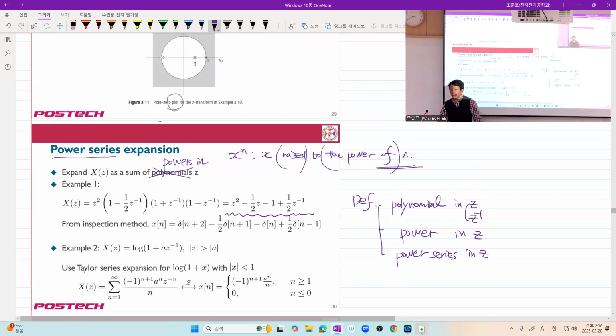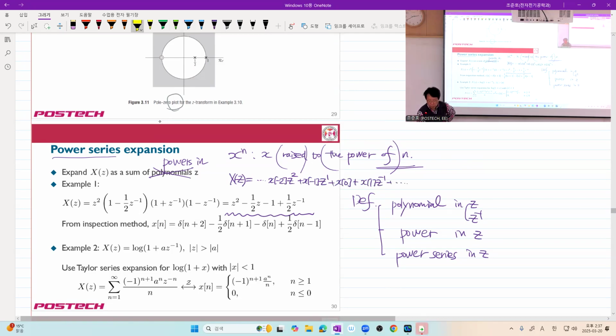Now, what would be the signal x? According to your definition of z transform, what are they? X of -2 z squared plus x of -1 z, x0, x1 z to the -1, blah, blah, blah, right?